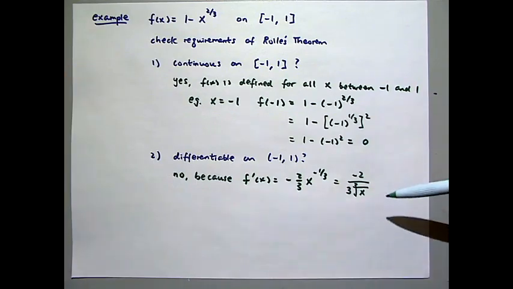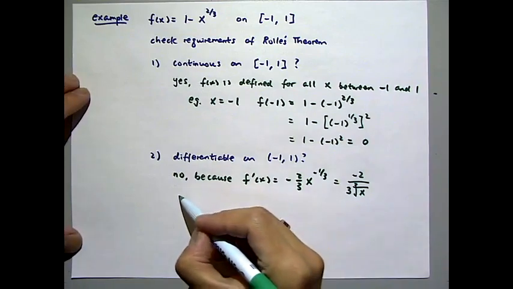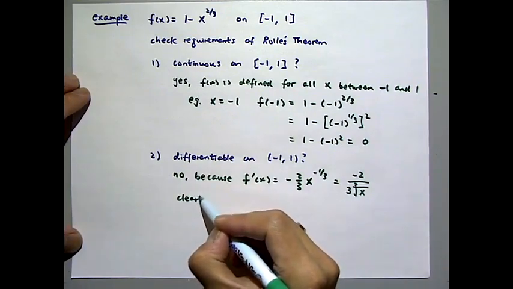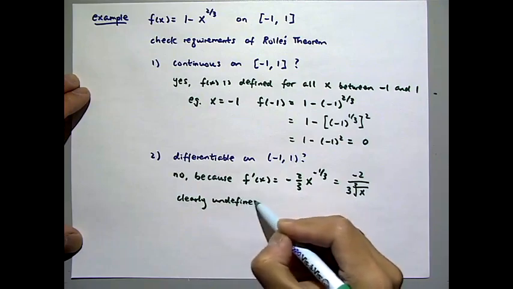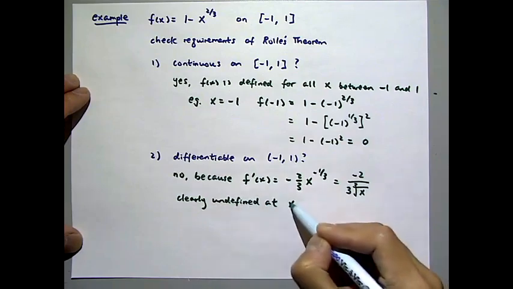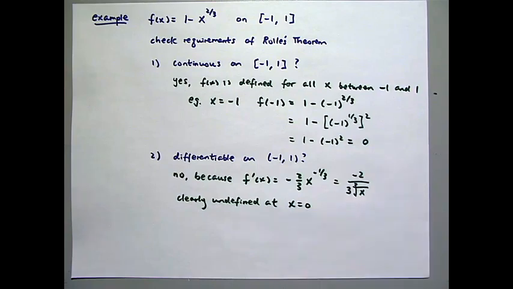Clearly, there's a problem at 0. So that is clearly not differentiable on the entire interval, right? It's differentiable everywhere else, but not at that place. So you cannot say it is differentiable on the entire interval. So the second requirement is not met.